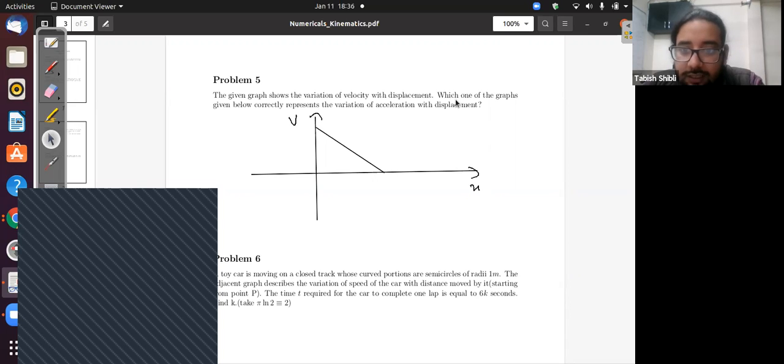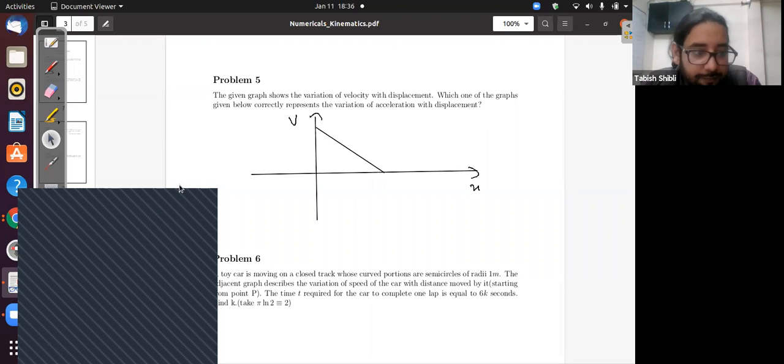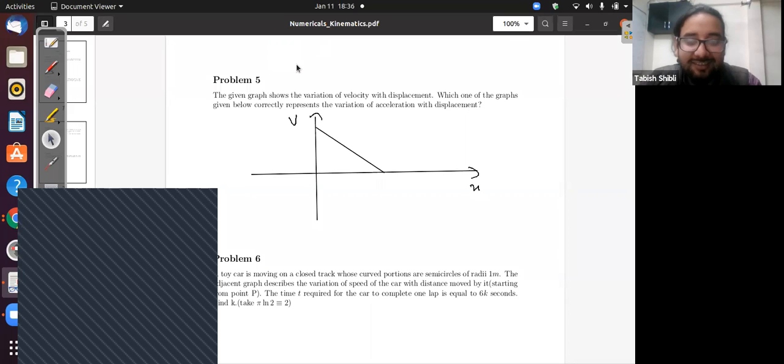So essentially x. Sir, what do we have to tell in this? You need to tell me which of the following graphs. But where are the options? I'm telling you, just give me a second.